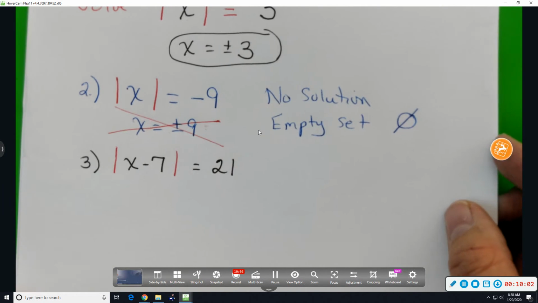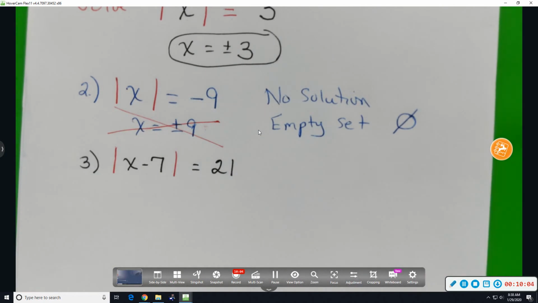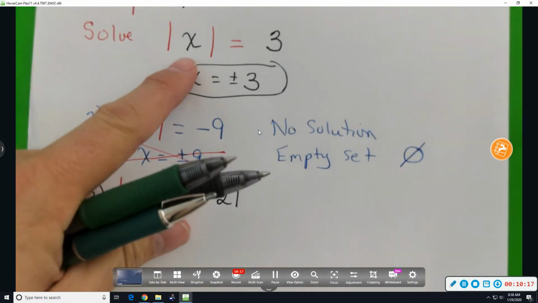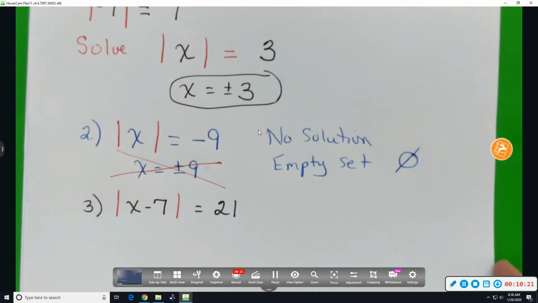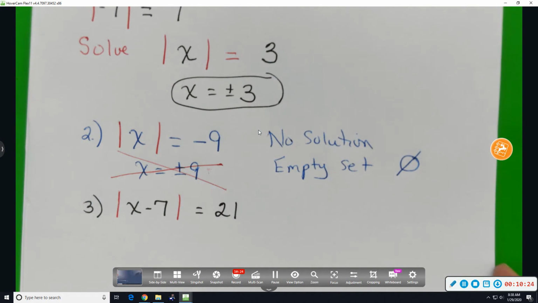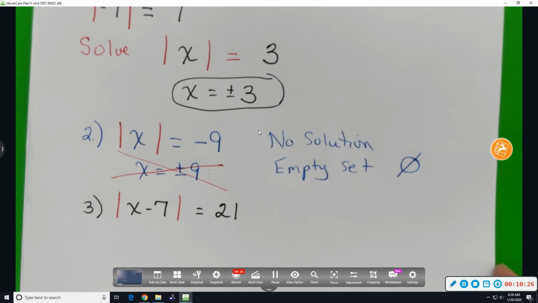Okay. Well, there's a positive number on the right, so this one has a solution, and we know how to solve it if it had just been an x in the absolute value bars. So this one has one extra step that problem number 1 didn't have.